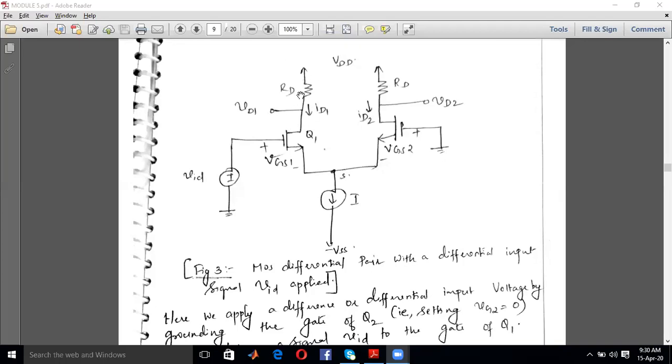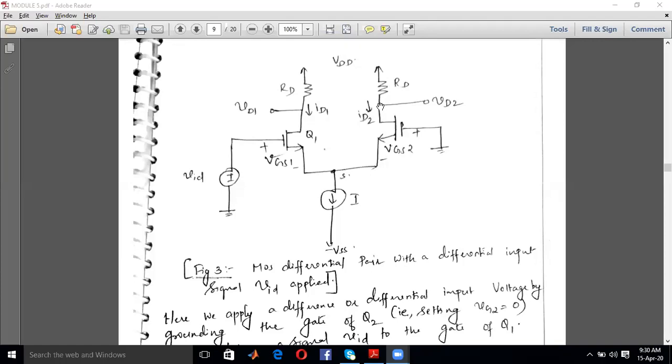When a large IDRD gets subtracted from VDD, obviously this voltage is diminished. It is small compared to the other voltage, because here ID2 is small. Since ID2 is small, the drop across this RD is small, so you are subtracting a very small magnitude from VDD, isn't it?